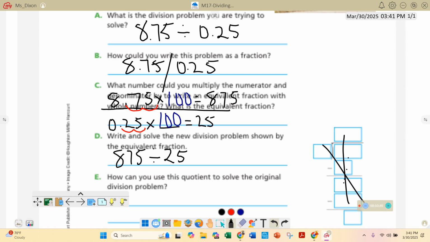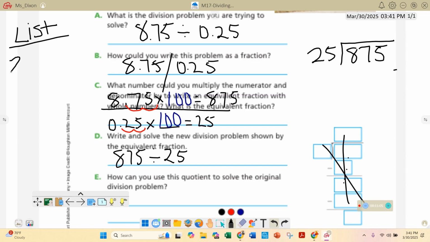I'm going to set it up slightly different, but it's still going to be the same thing. All right, so we got 25 as our divisor and 875 as our dividend. We're still going to start off with our partial quotients. Let's make a list for this one.